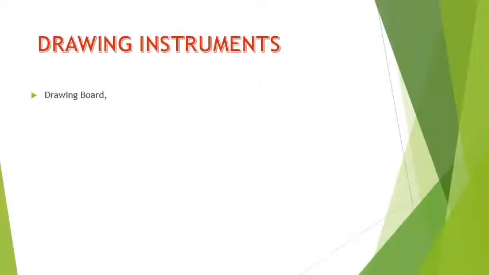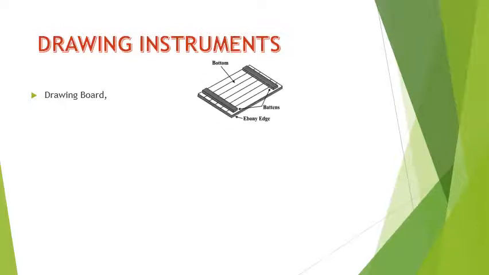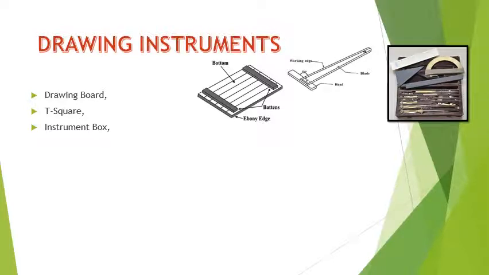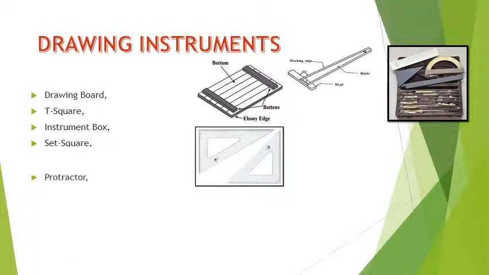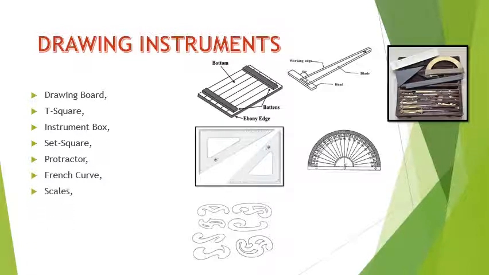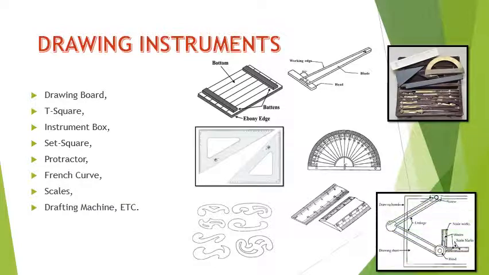First we have drawing board, next T-square, an instrument box, set square, protractor, French curve, scales, drafting machine. All these instruments will be used in engineering drawing.